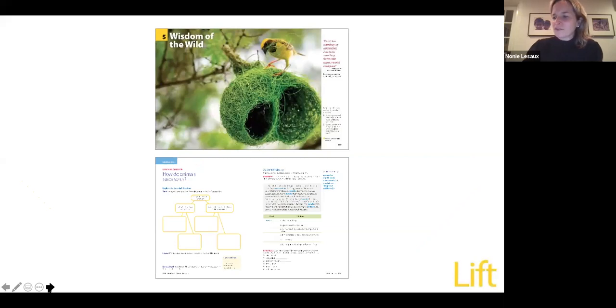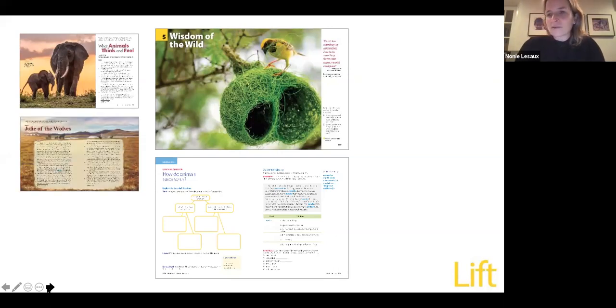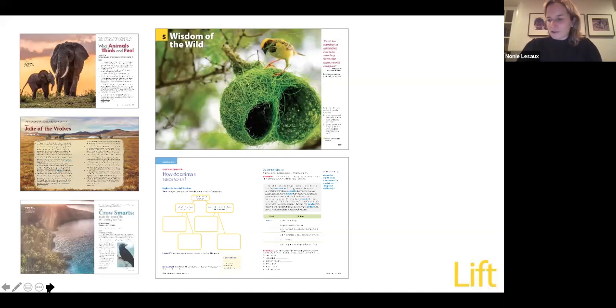So here you can see, for example, rich global content. What's an example? Here we have it organized around an essential question. In this case, how do animals surprise us? In this unit, for example, there are 3 readings: an excerpt from a book on animal intelligence, an adventure story by Jean Craighead George, and a scientific article.